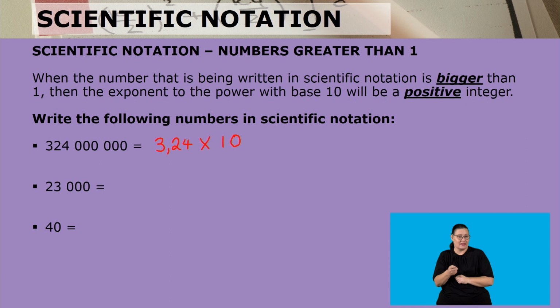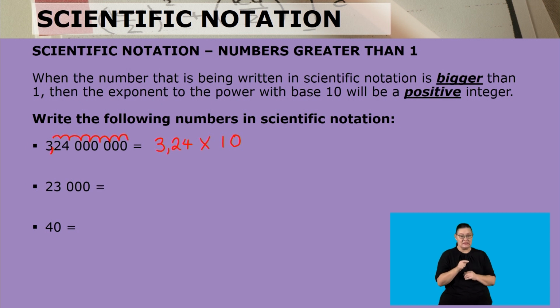Now remember, we are going to now look at those place values. This is where we have placed our comma there. So we are going to look how many tens were multiplied to this number for us to get that 324 million. So we know that when we multiply by 10, it will be 1, 2, 3, 4, 5, 6, 7, and 8.